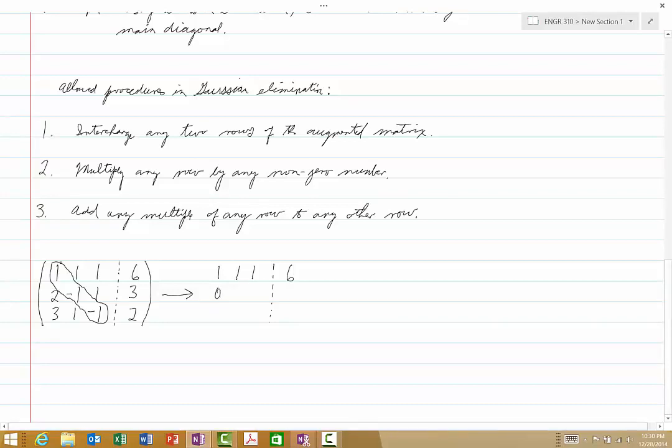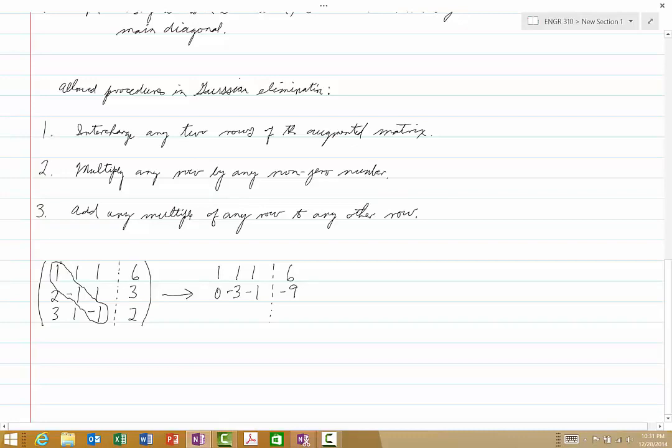Negative 2 times 1 is negative 2, and negative 2 and negative 1 is negative 3. Negative 2 times 1, again, is negative 2, and negative 2 and 1 is negative 1. And negative 2 times 6 is negative 12, and when we add that to 3, we get negative 9. Now, if you wish, we could go ahead and write down the third row.